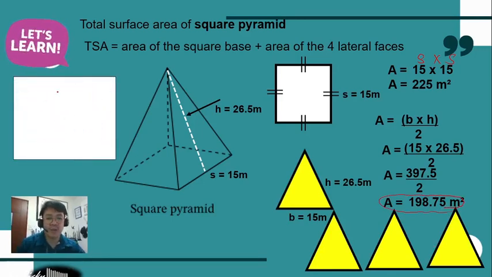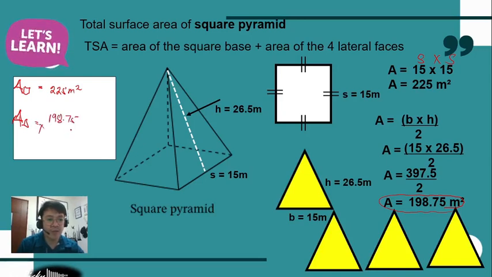So the area of the square is equal to 225 square meters. Then for the triangle, we have 198.75.